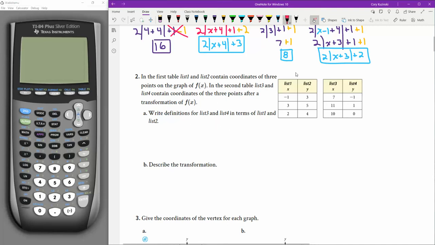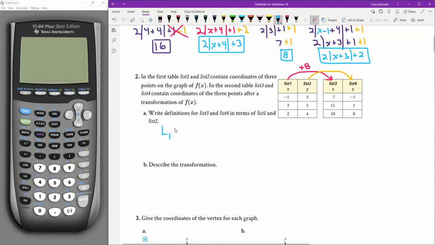So let's see if we can figure out what's happening from here to here, and also what's happening from here to here. Okay, it looks like negative 1 turns into 7, 3 turns into 11, and 2 turns into 10. So what I'm seeing is that list 3 is always 8 more than list 1. So let's write that equation.